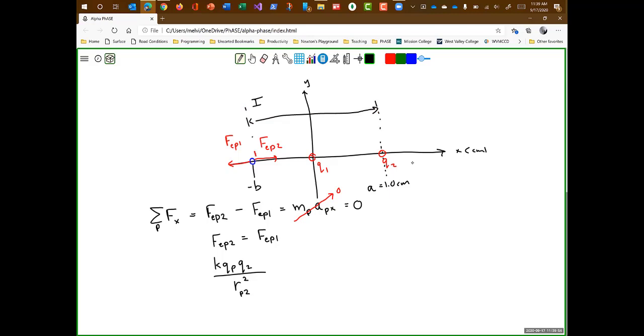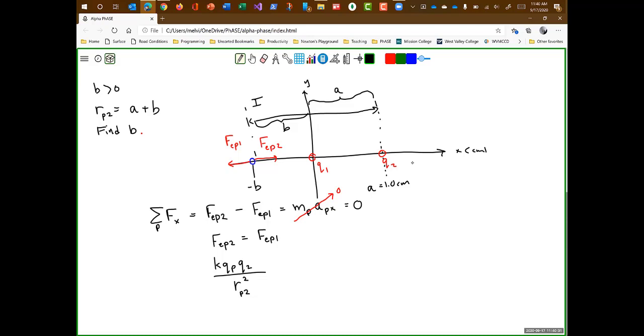So that distance is going to be the 1 centimeter, which I am calling A, plus B, where again, when I write a variable, the variable represents a magnitude. So the distance between the proton and charge 2 is the distance A plus B, and we are trying to find B because that is where on the x-axis the proton will be.